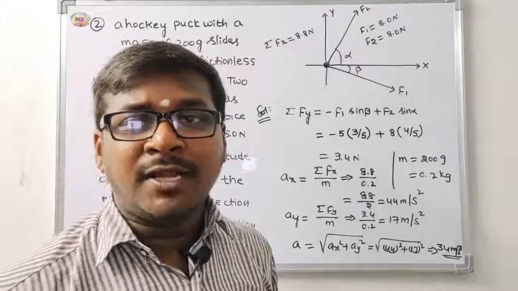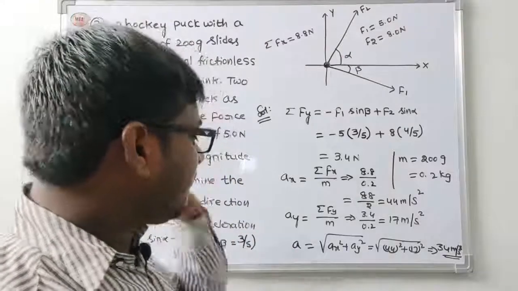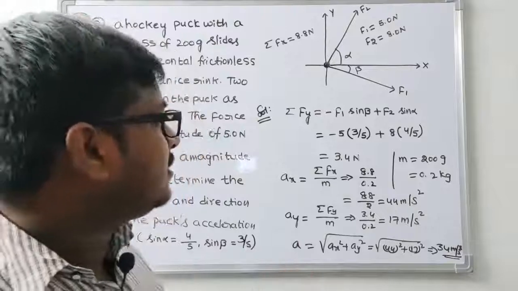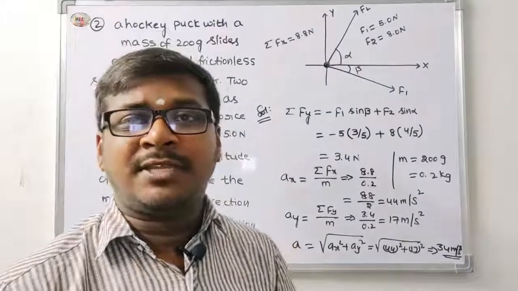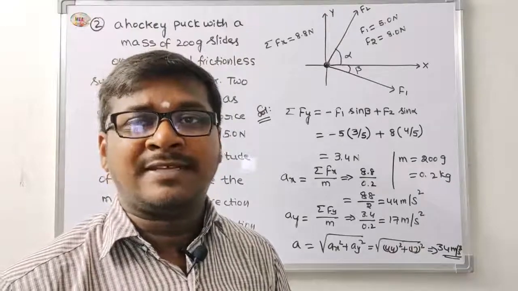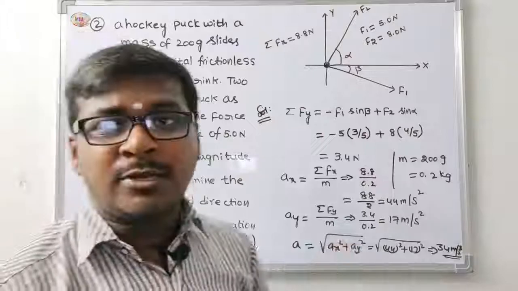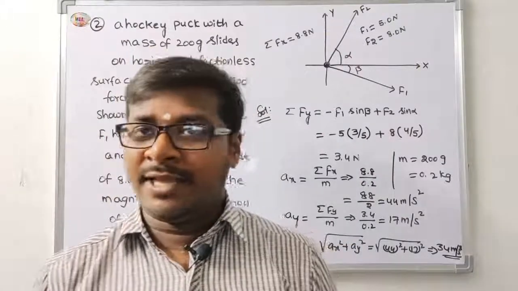So F1 cos beta plus F2 cos alpha. Substituting the values, sigma Fx is equal to 8.8 Newton. Substitute the above values and find out, very easy.